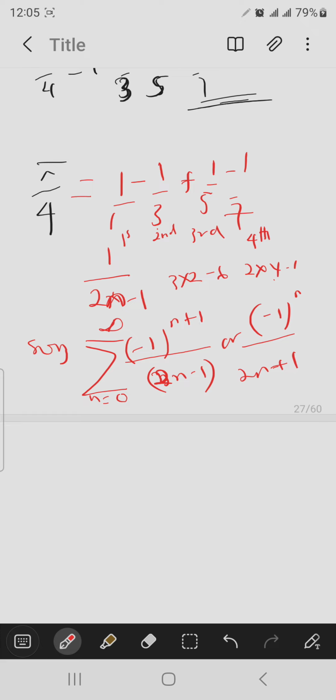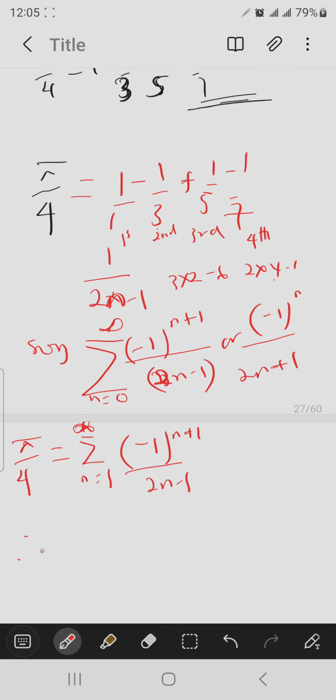So now, when I want to do this, I will have pi over 4 equals the summation, n equals 1, of minus 1 raised to n plus 1 over 2n minus 1.